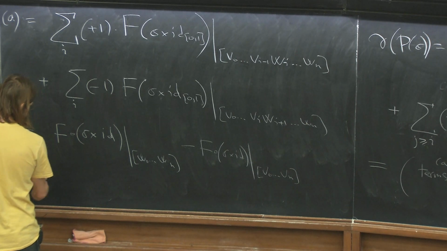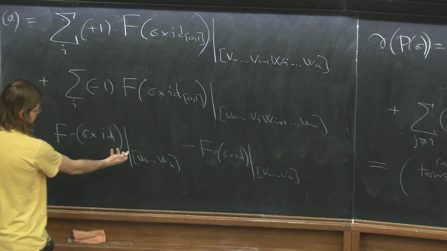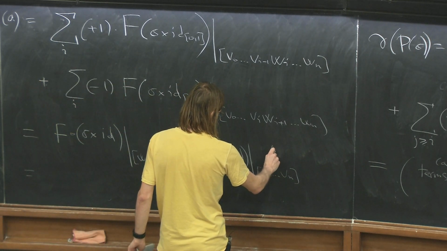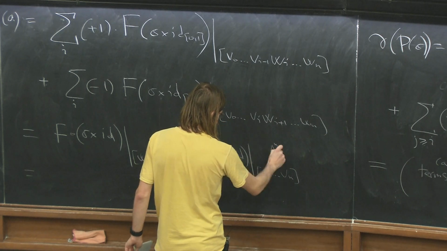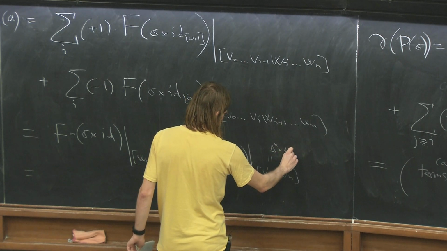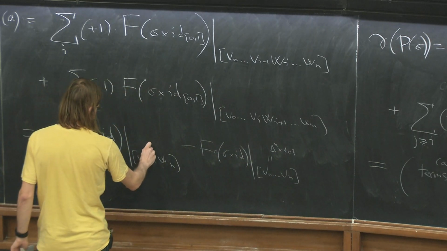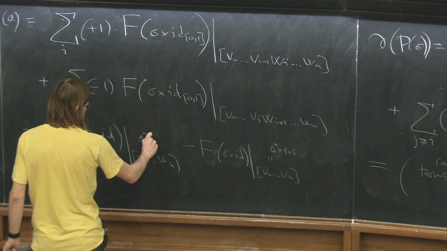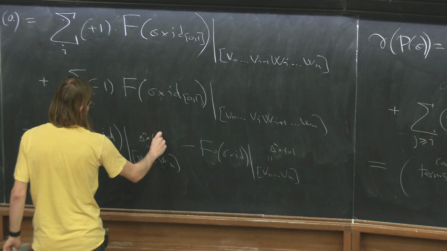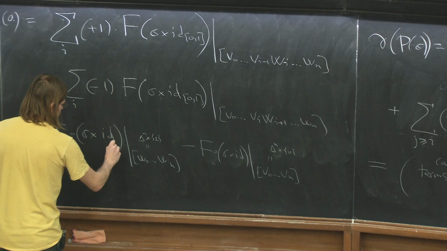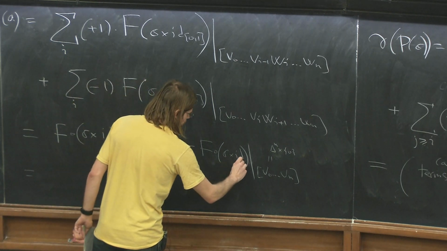But this is just our simplex delta n times the bottom of this prism, and this is delta n times 1, the end of our interval 0, 1.